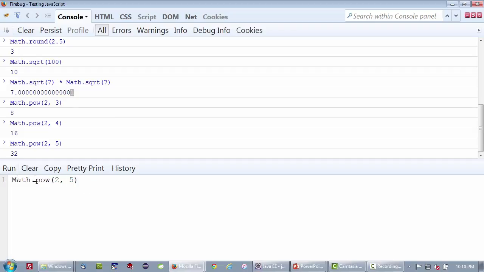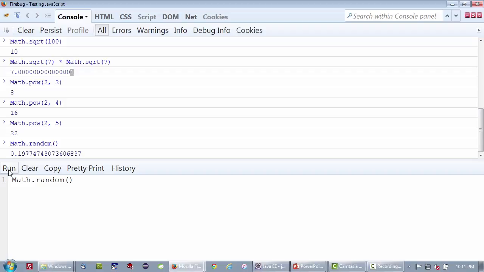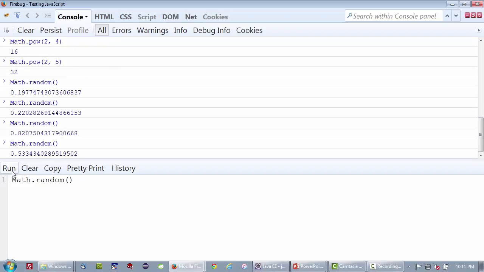And last but certainly not least, Math.random returns a decimal number, a floating point, double precision number between 0 inclusive and 1 exclusive, hopefully evenly distributed across that range. So if I run it a bunch of times, I should be equally likely to get any floating point number in the range from 0 inclusive to 1 exclusive. Math.random is very useful when you're learning and practicing so that your code doesn't run the same way every time.